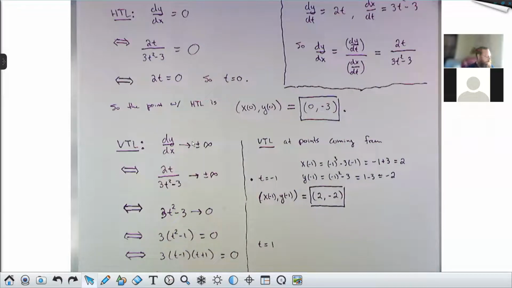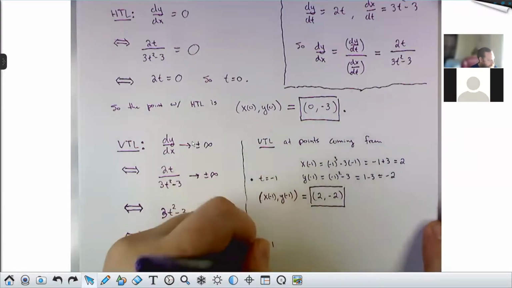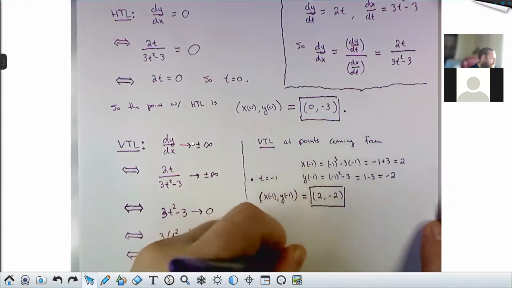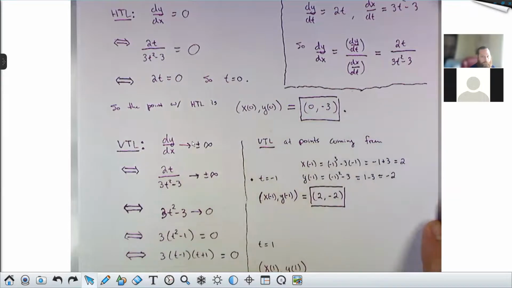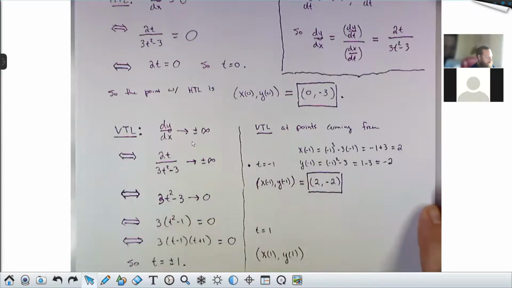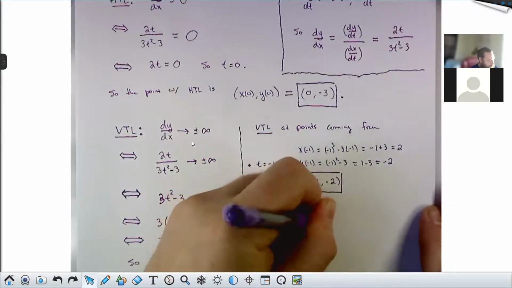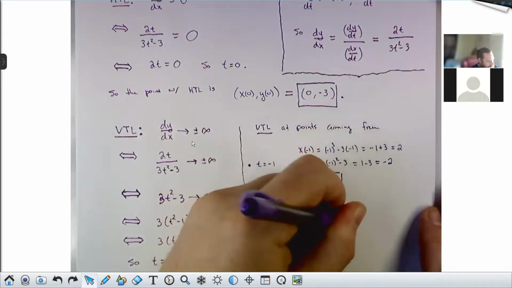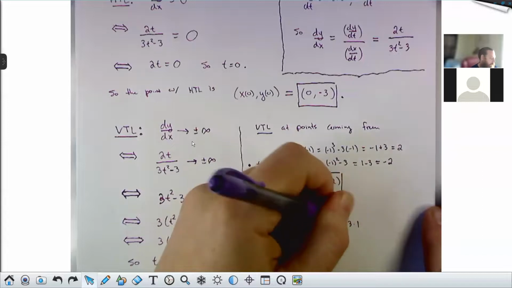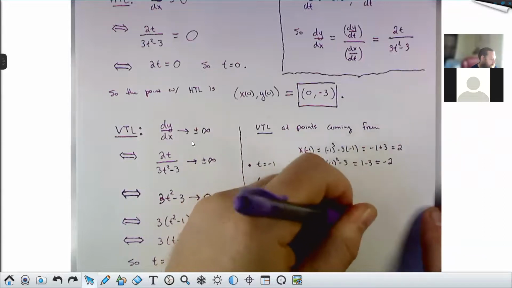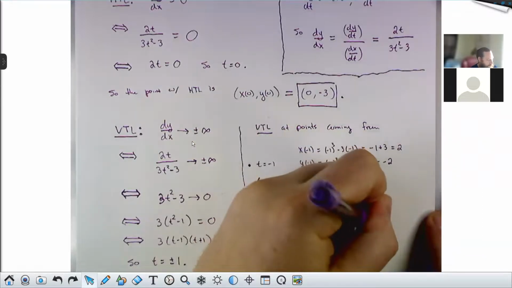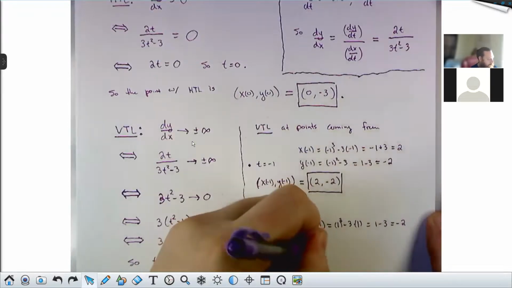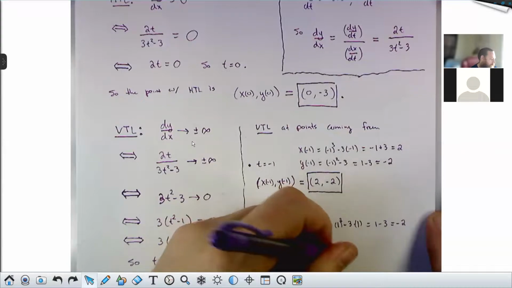And then to find my last point, again, what I'm looking for here is x of 1, comma, y of 1. So I'll calculate x of 1. That's 1 cubed minus 3 times 1, which is 1 minus 3, which is -2. So the x coordinate here is -2.